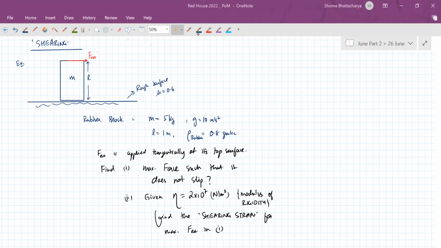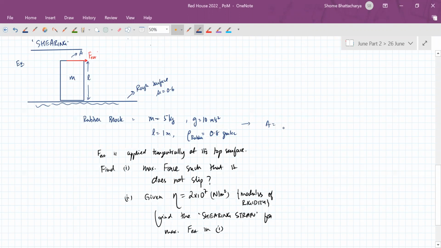So you can understand that first of all, from this data, we can get the cross-sectional area. This area is A. We get the cross-sectional area as the volume divided by the length, right?